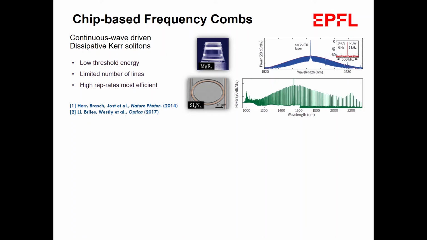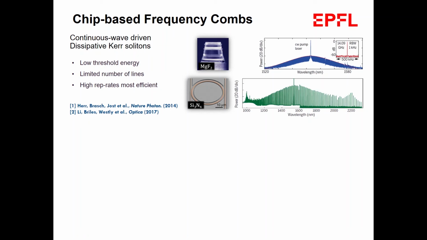Soliton-based microcombs, because of the high Q, have a nice low threshold of pump power in order to get going. However, because of this inefficiency I'm hinting at, there's usually a limited number of lines you can actually make. And high repetition rates are most efficient. I'll show you in more of a spatial diagram later.